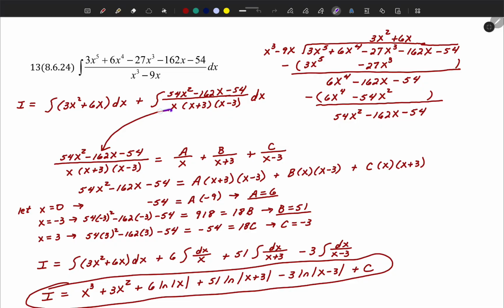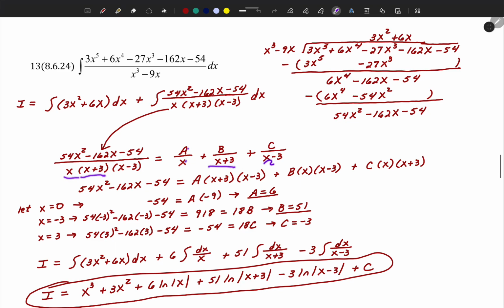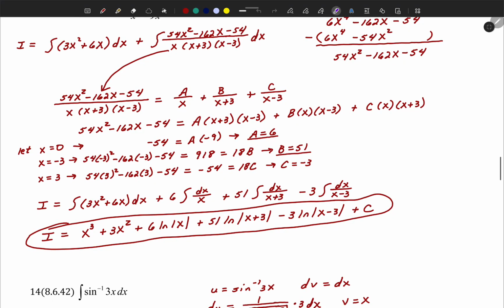That leads to a pretty straightforward partial fraction decomposition, where I say, let's take that part inside the integral and rewrite it as some constant A over the factor x, plus some constant B over the factor x plus 3, plus some constant C over the factor x minus 3. Now I need to solve for those three constants in each of these partial fractions.